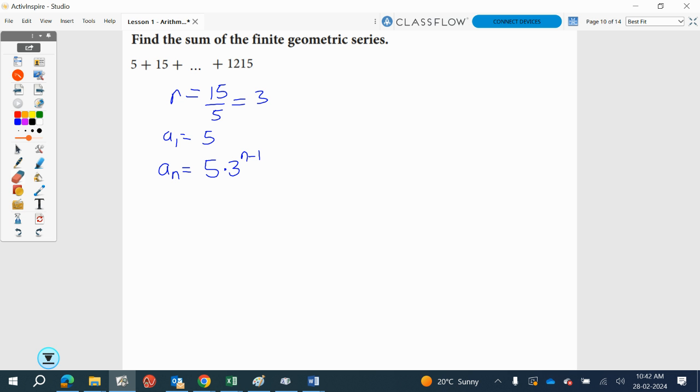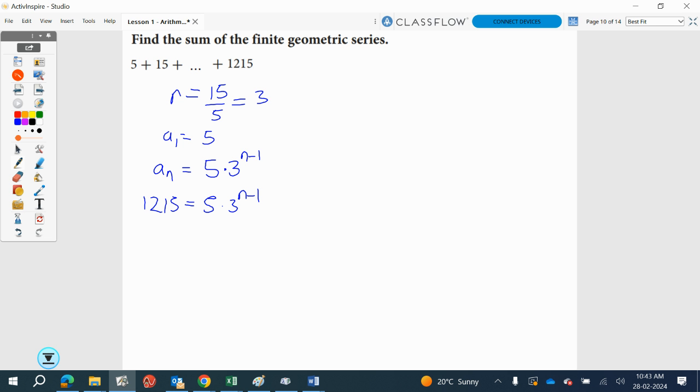So the nth term is given by this. If we want to know what n is, and we put in 1215 is equal to 5 times 3 to the n minus 1, we need to solve this. So if we divide 1215 by 5, what do we get?